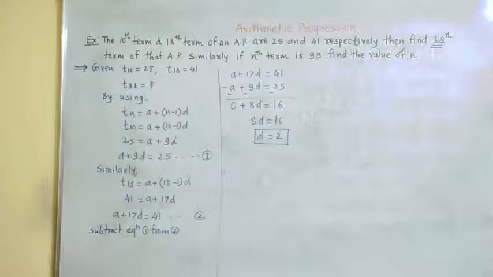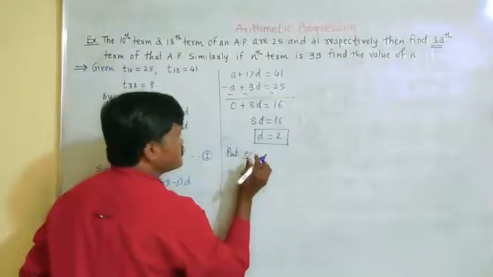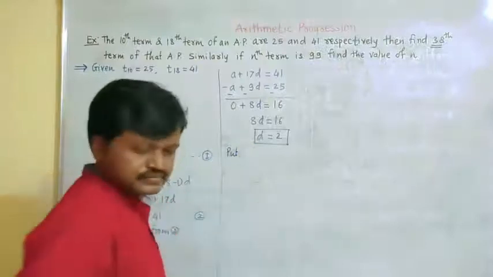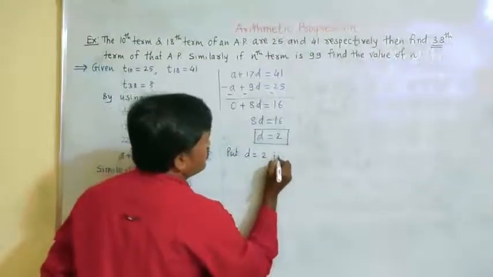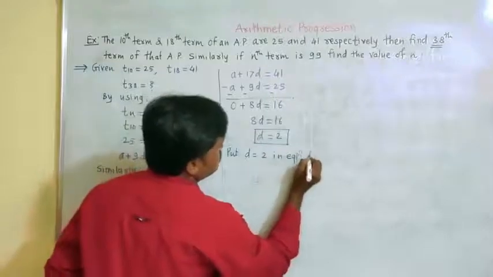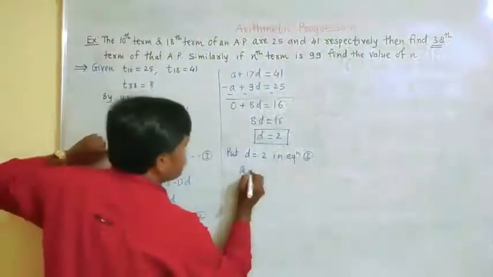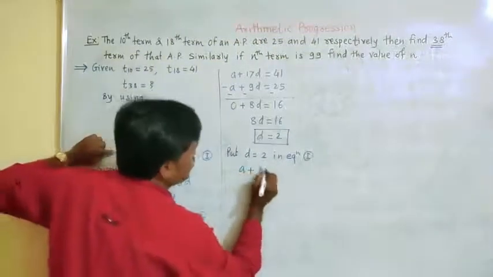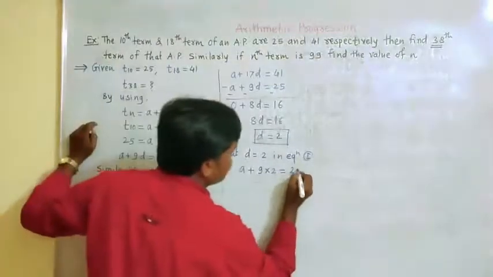Now put this value of D in any equation, equation 1 or 2. I put D is equal to 2 in equation 1. So write equation 1: A plus 9 into 2 is equal to 25.